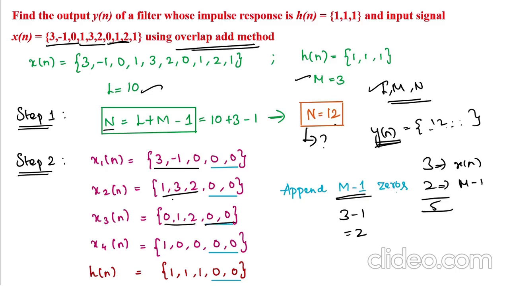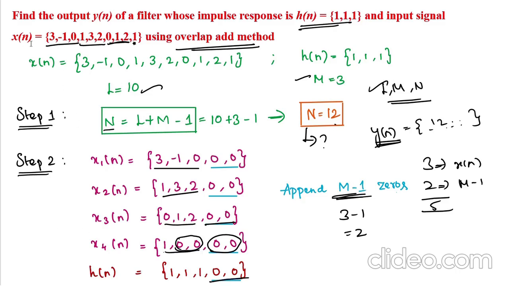And finally, here only 1 is present, but I need 3 terms, right? So I will append 2 zeros with 1 here, and again append 2 zeros as part of m minus 1 zeros. Clear? Similarly, this procedure will also be done for h of n. So h of n is also appended with 2 zeros.